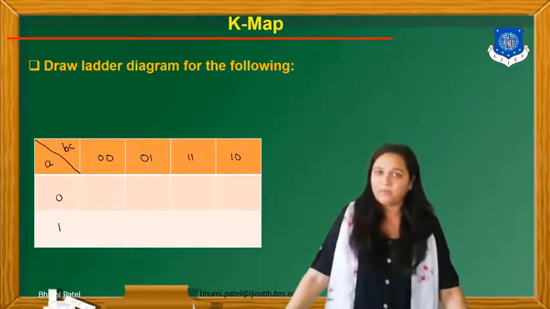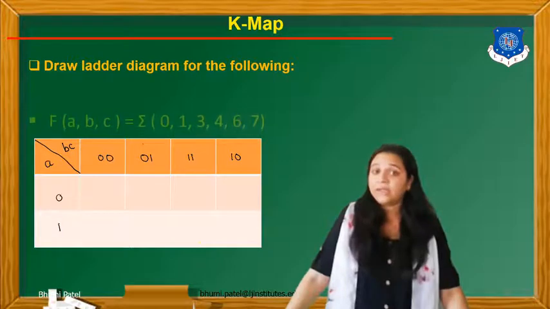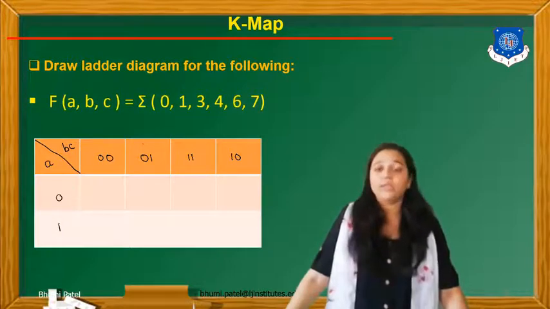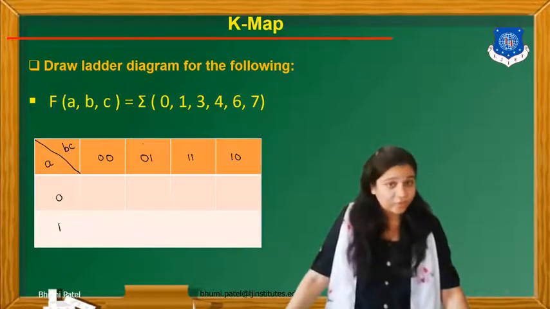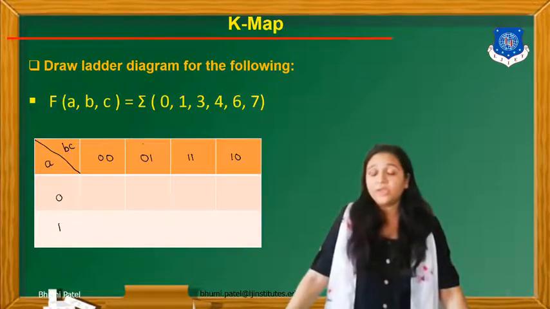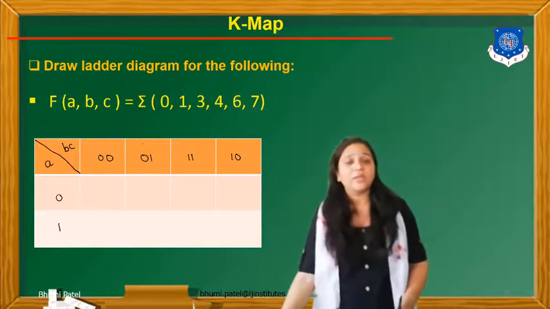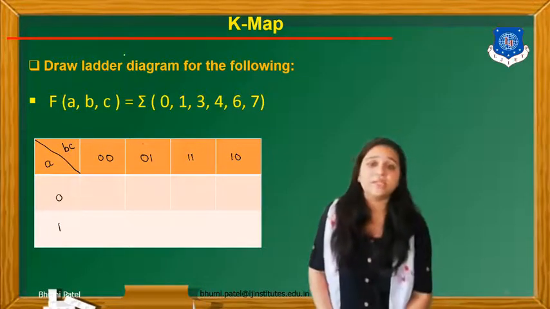Now the next topic is K-map. We have to draw the ladder diagram for the following K-map equation, and the function is given: function of A, B, C is equal to sum of 0, 1, 3, 4, 6, 7. So first of all we have to follow the K-map and write down the Boolean expression using this function.